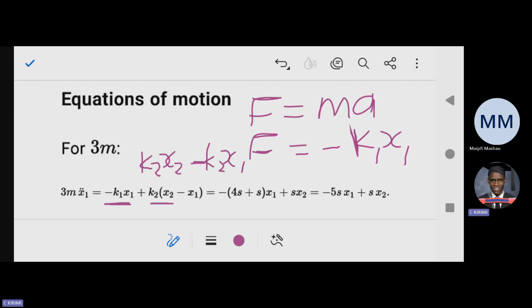Here they just factored out k2. But in order to understand the equation, you must know that force is equal to mass times acceleration. So that force is equal to minus k1 x1 plus, this is positive.